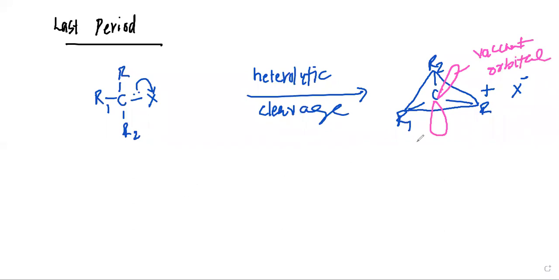Now what happens? Suppose this R is your CH3, let us say. So here you have C, and these two are, let us say, H and H. So what happens? You have CH2, and of course you get a positive charge on this carbon.